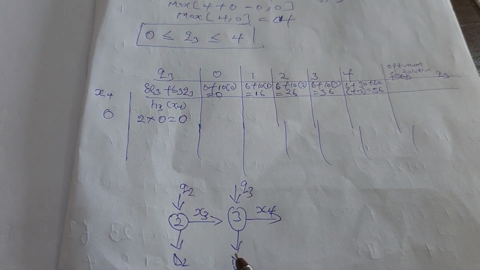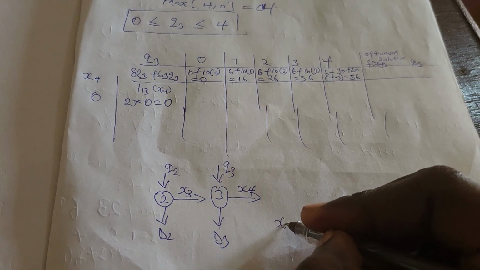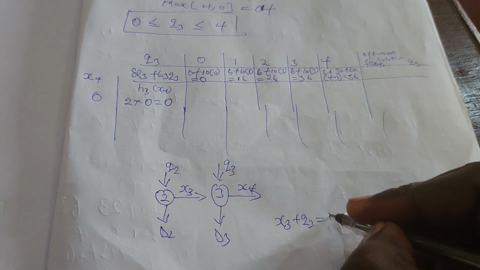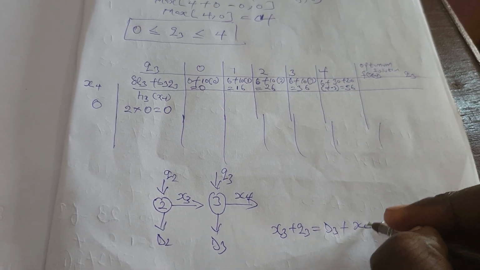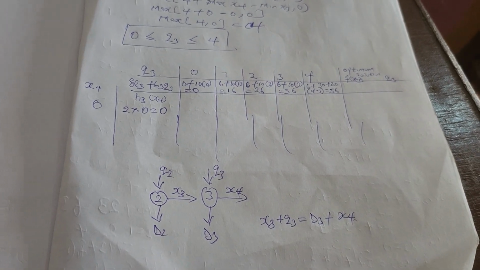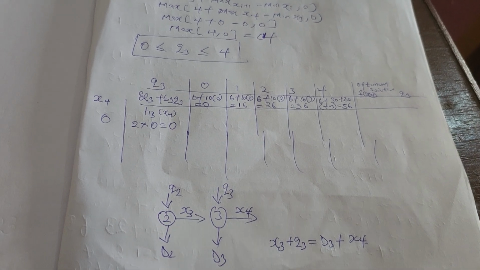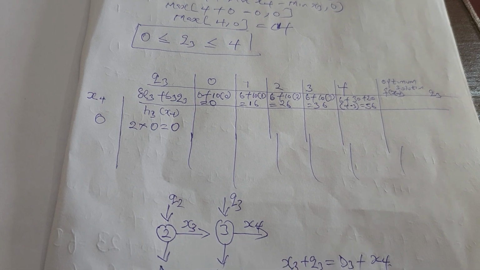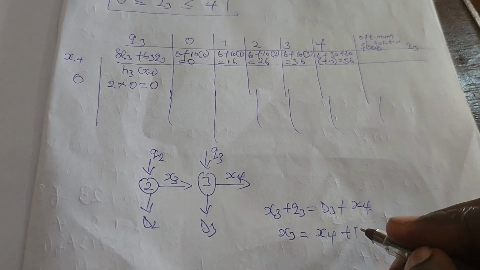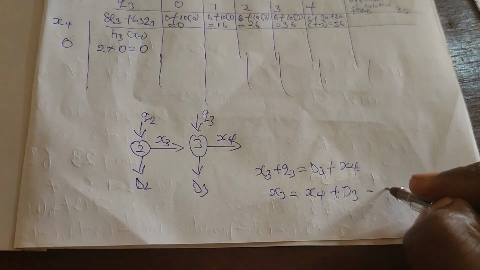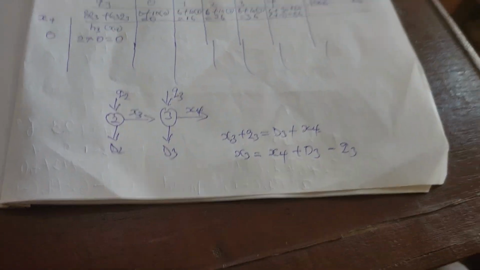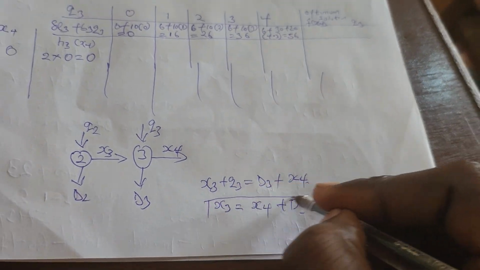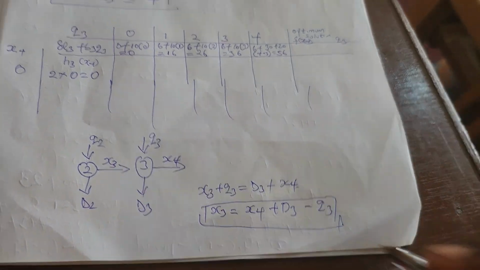From this, I can say categorically that my X3 plus my Q3 is equal to my D3 plus my X4. So my X3 is equal to my X4 plus my D3 minus my Q3. This is what we'll reference when we are populating the table.